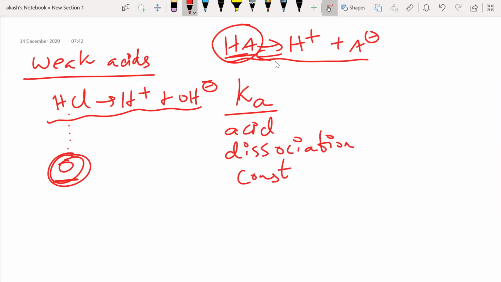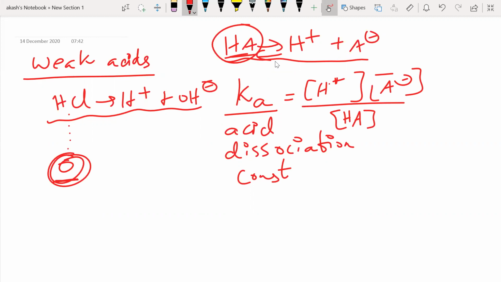Now, how will I write this? It will be equal to the concentration of H plus into the concentration of A minus divided by the concentration of HA. This is products by reactants. Very simple.